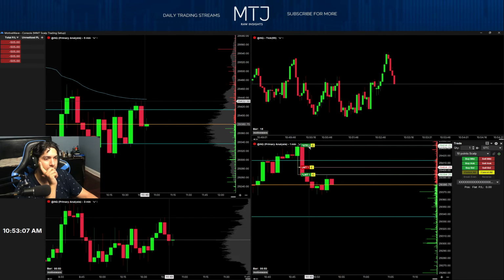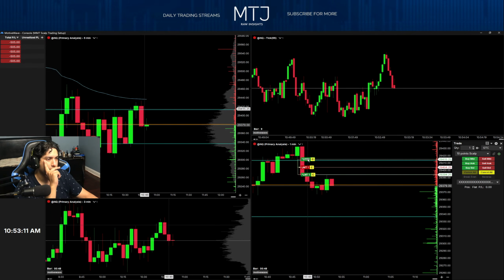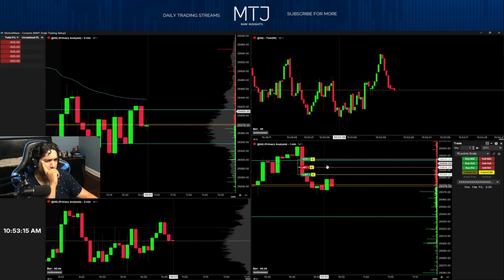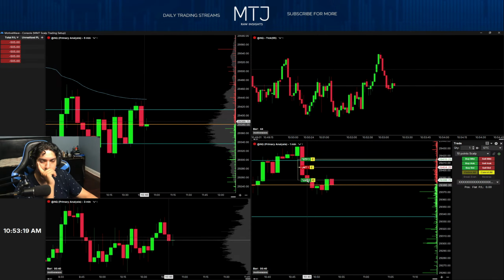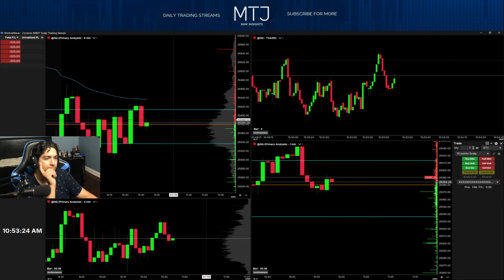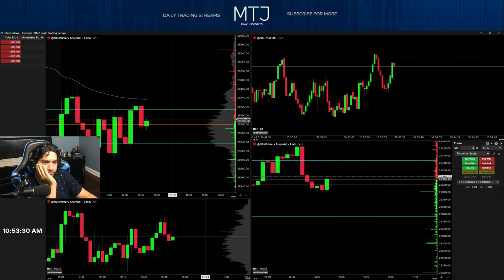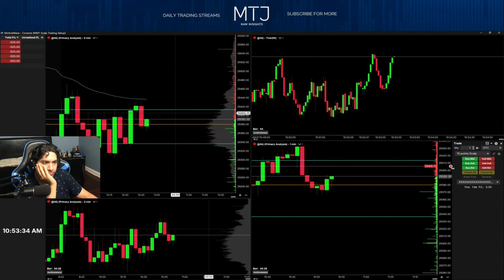This kind of makes sense, right? If we get this, because you can put your stop loss right above the value area high, you got basically a 10-point move to the upside for a stop loss. I don't know. If we get down below the point of control, that's also actually a good place. 400.